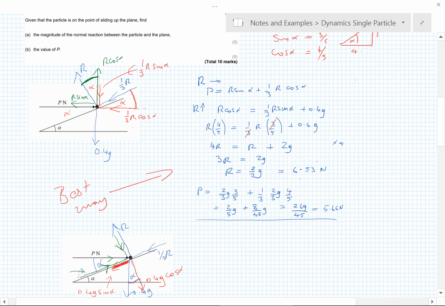This one here is P cos alpha, and this one here is P sine alpha for the same reason as before. We've marked the angle there, so that one's cos, it's next to that angle, and this one's away from it, so it's P sine alpha that we're working with.